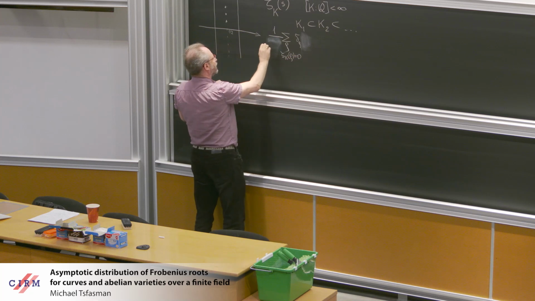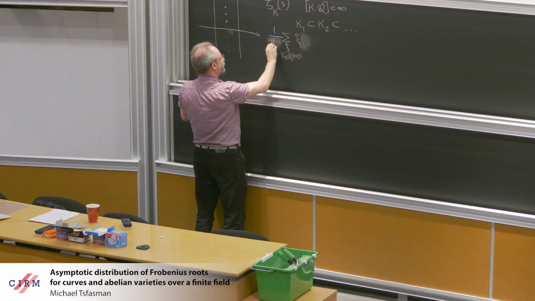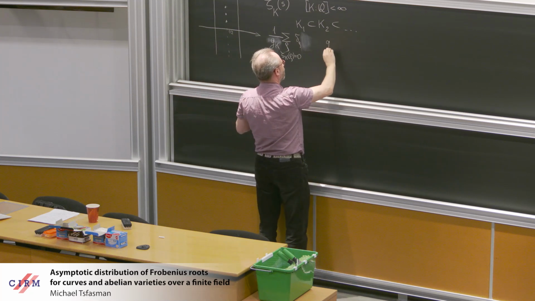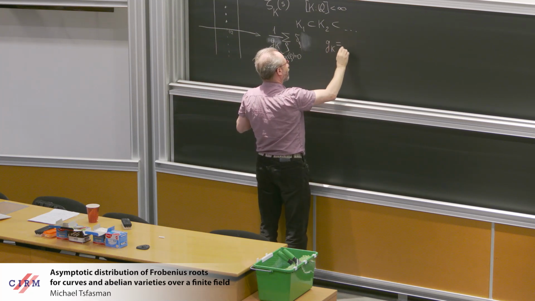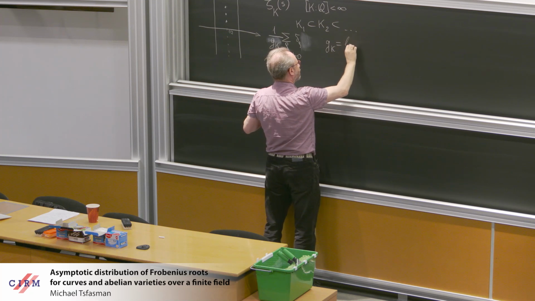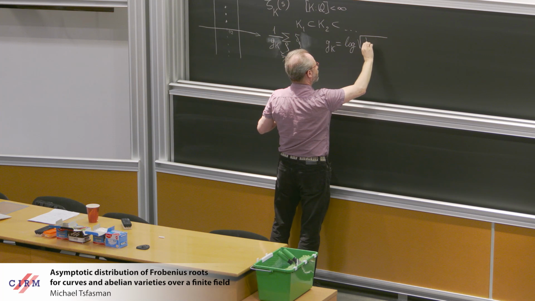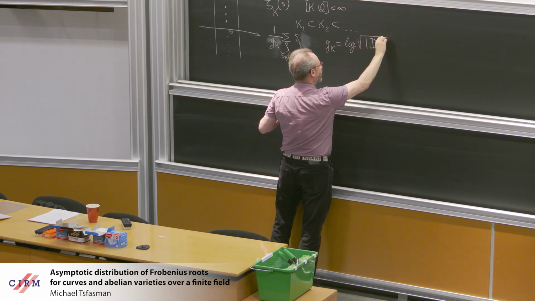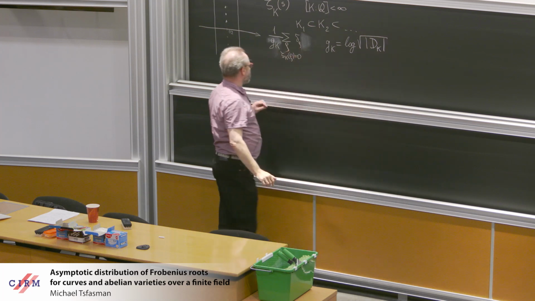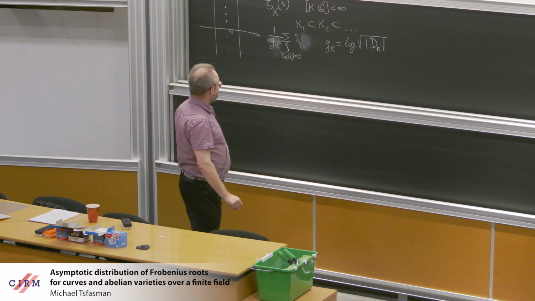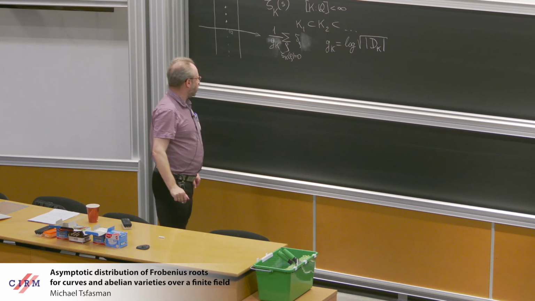And here I'll write the genus of the field k. And the genus of the field k, I'll define as the logarithm of the square root of the absolute value of the discriminant of this field. And I call it the genus because on the geometric side of the blackboard, it will correspond to the genus of the curve.